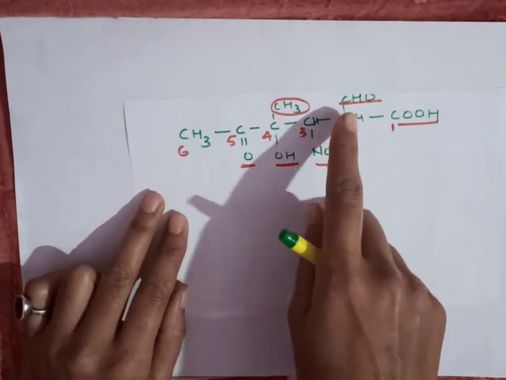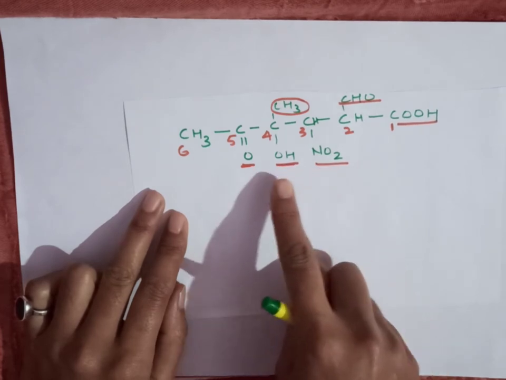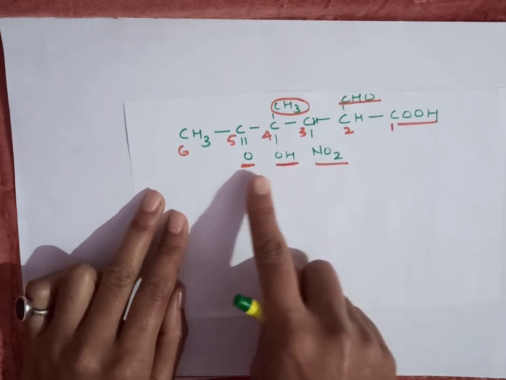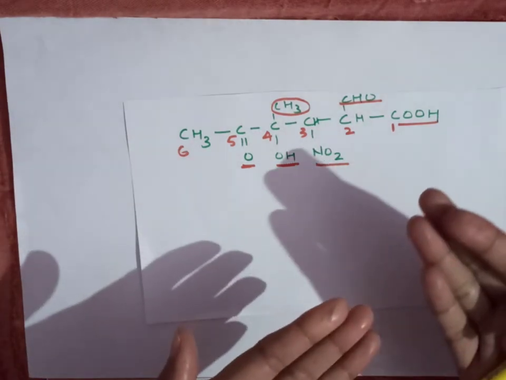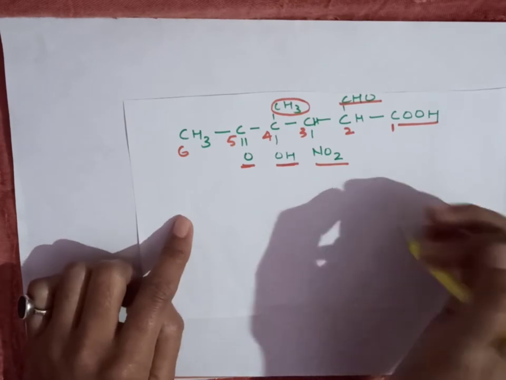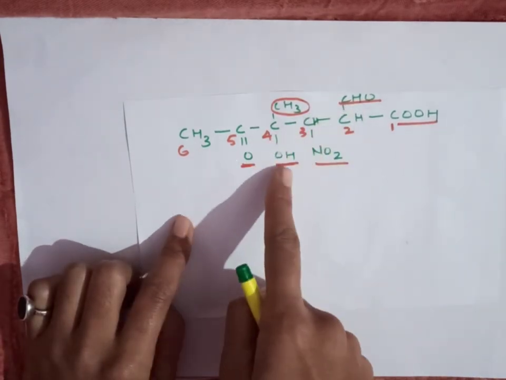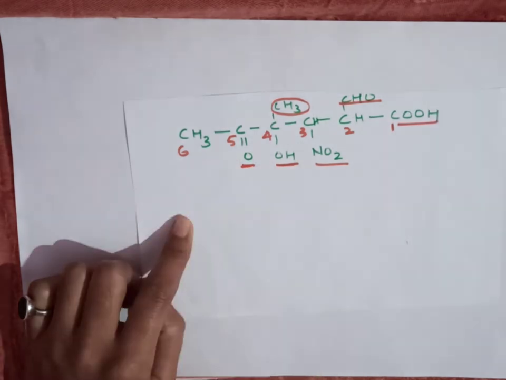So for this one you will use formyl, this is nitro, OH hydroxy, oxo, methyl. But when you write, you have to write alphabetically. So F, H, M, N, O.